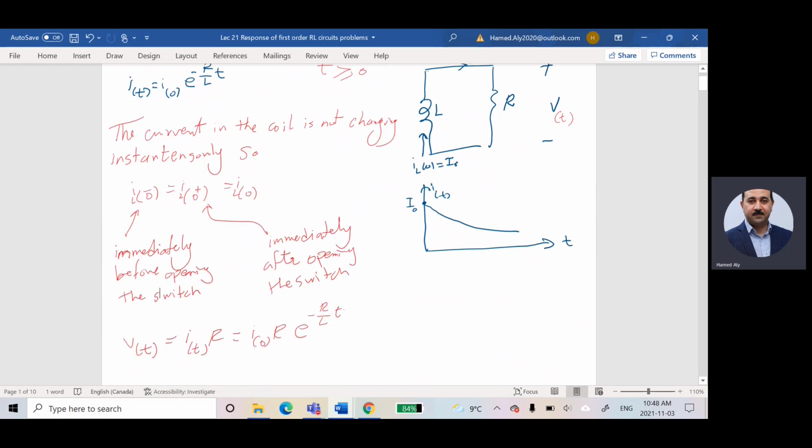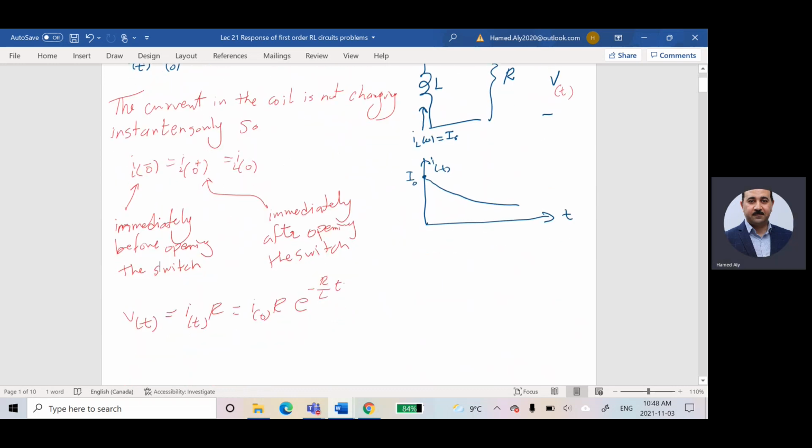But what about the voltage? This voltage is in case of t greater than or equal to which 0? Positive or negative, or generally speaking 0? I think positive, because before moving the switch, which was 0 negative, the voltage was equal to 0.